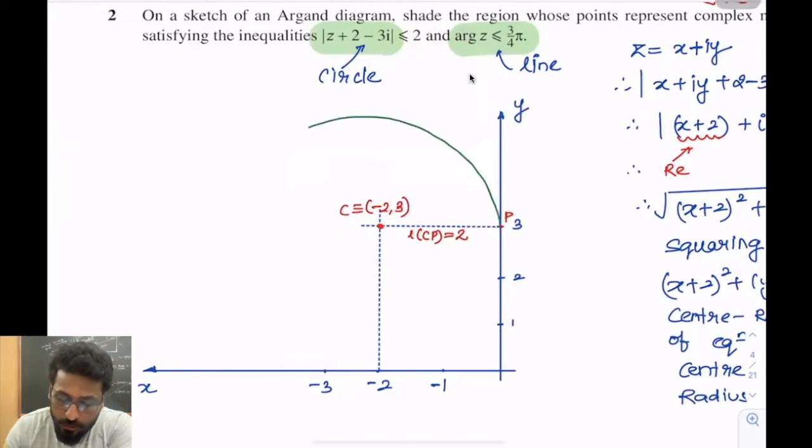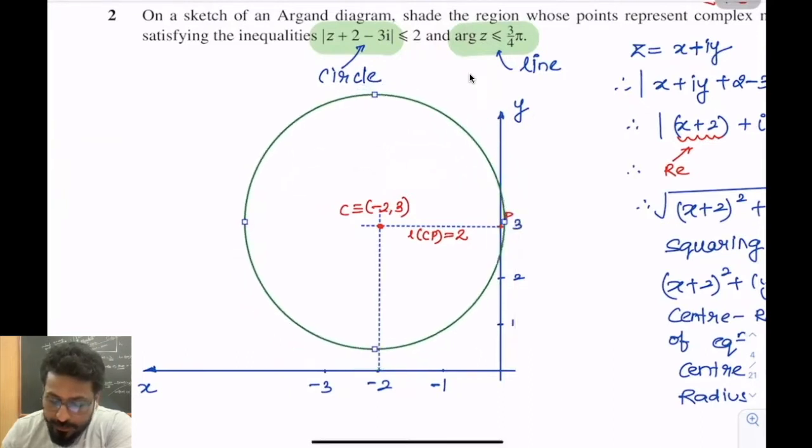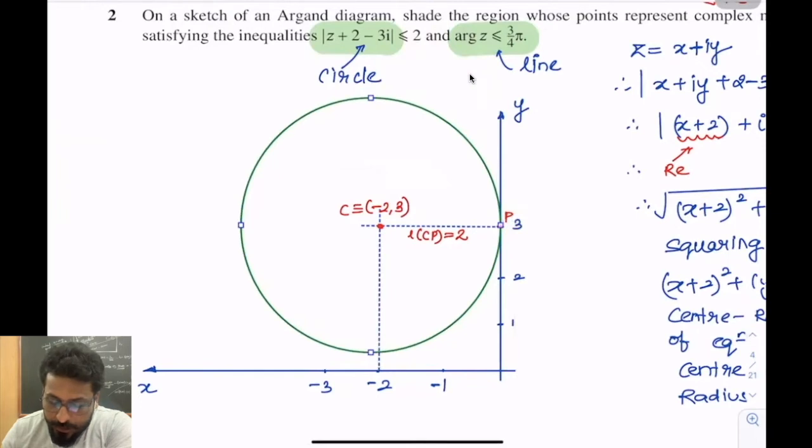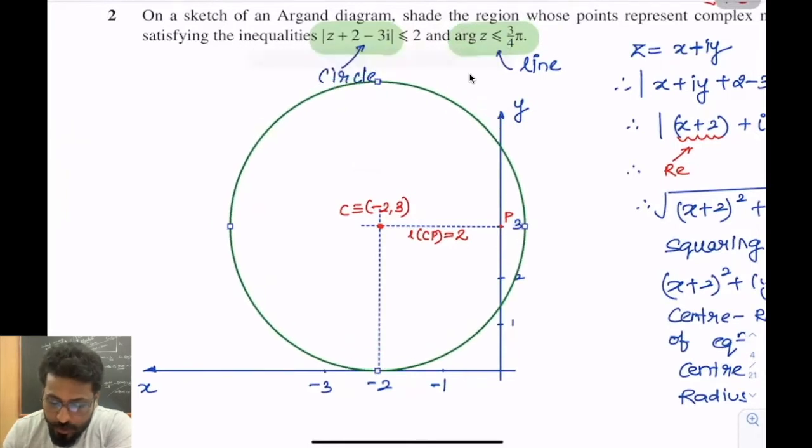So I'm going to draw a circle like this. Let's draw a circle like this. Okay, so I have drawn a circle and I'm going to place it in such a way that the center should look at negative 2 comma 3.